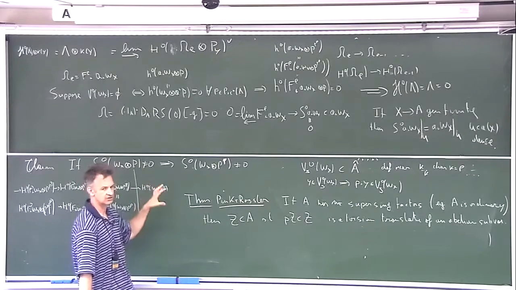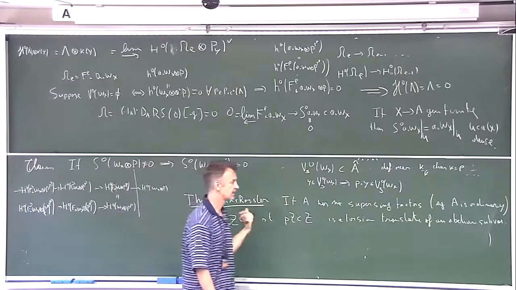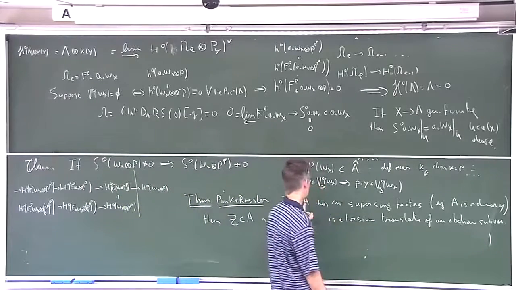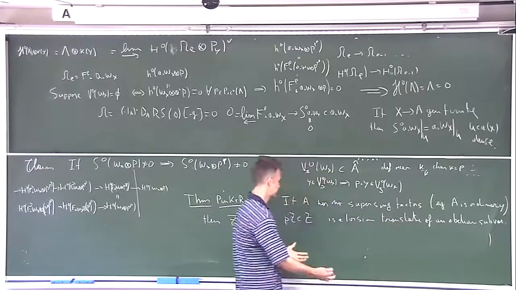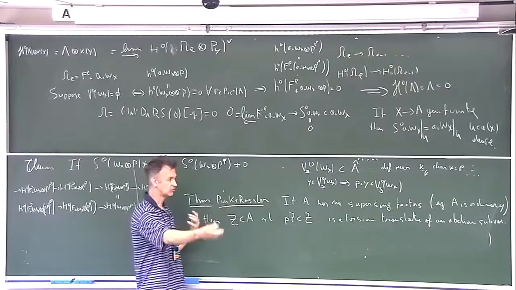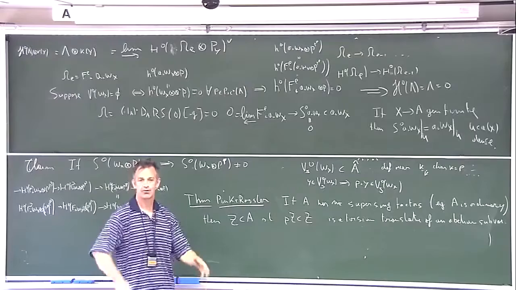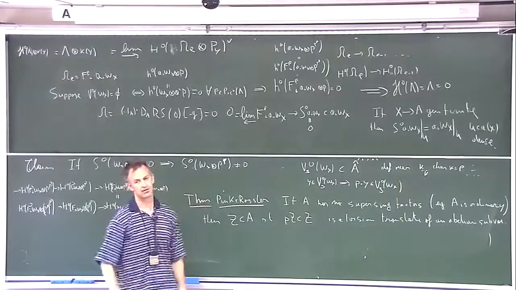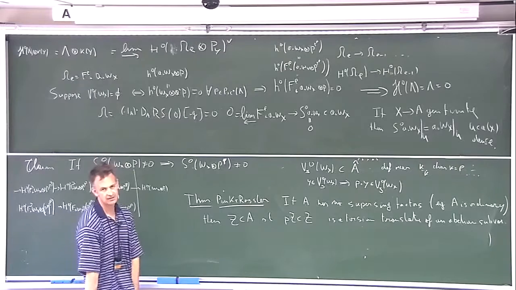They start with characteristic 0, they reduce mod P. For infinitely many P, they show that A has no supersingular factors. Then they deduce that for infinitely many P, the loci are finite unions of torsion translates of abelian subvarieties. And then they put that together to deduce a similar fact for the original variety in characteristic 0.